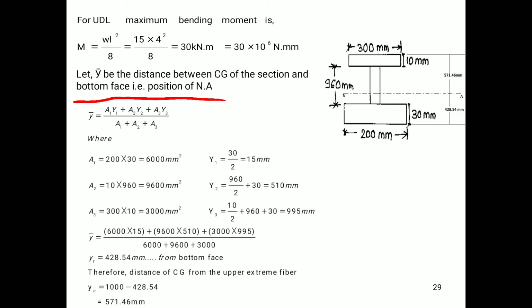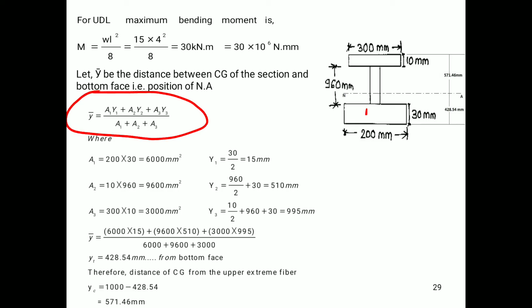Finding out the value of y bar is nothing but finding the position of the neutral axis. As discussed in engineering mechanics, we have the value of y bar by this formula, because you have already studied the concept of finding the neutral axis. Y bar is given by a1y1 plus a2y2 plus a3y3 upon a1 plus a2 plus a3. Why have we considered three sections?